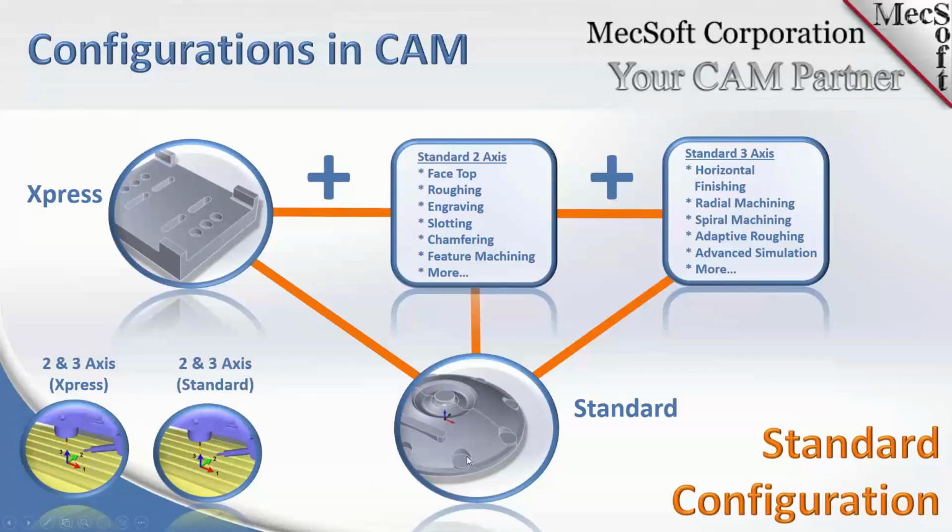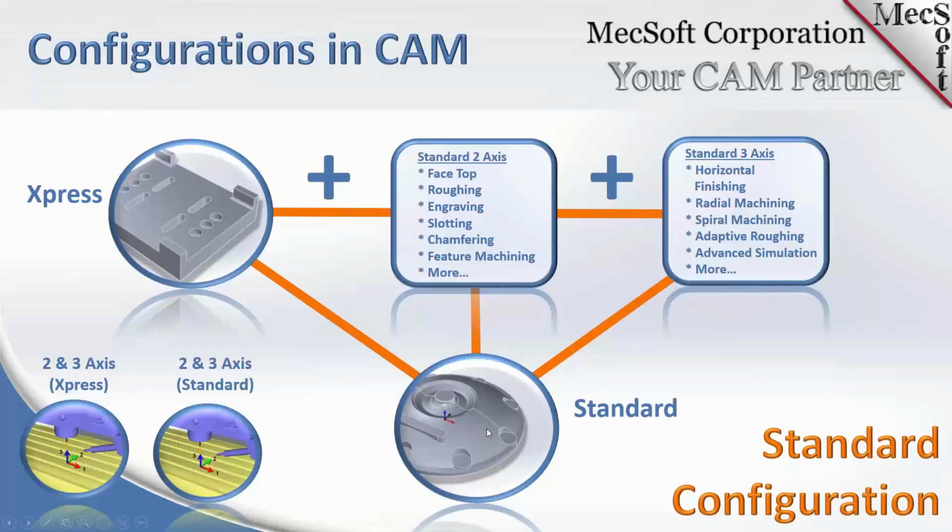Now you can always program any part in any configuration, but what we're talking about with the differences is the amount of toolpath operation types that you get. And each of those operation types brings some additional control to you as far as the cutter paths, and obviously that will affect surface finish on what you're cutting.